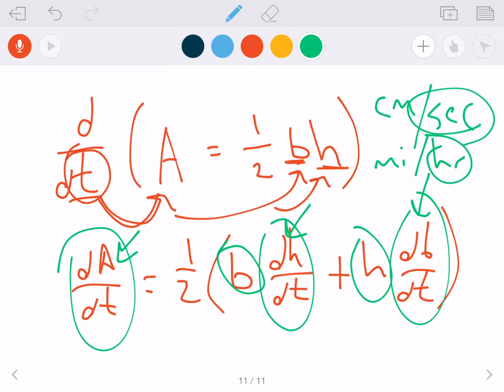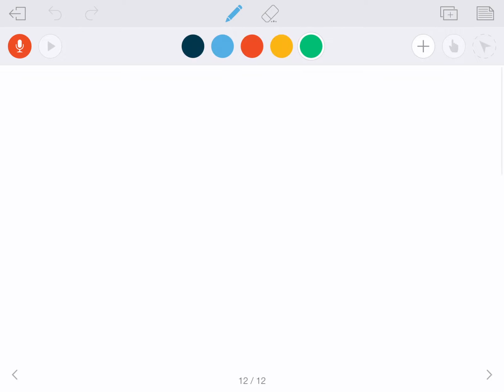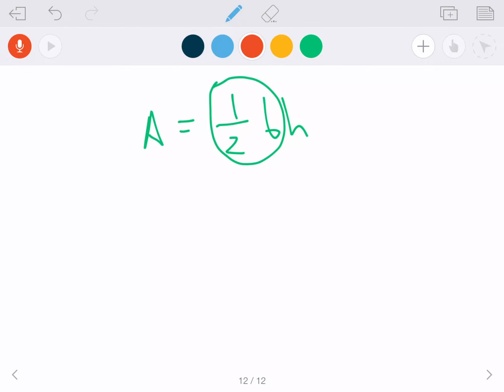Now, if you have a variable that doesn't change at all, let's say you had A equals 1/2 bh, but you're told that the base of the triangle doesn't change. The base of the triangle is constant. That word constant means that you can treat it like a number. I can lump these together as a number if it's constant. So then when I go to take the derivative with respect to time, I still have dA/dt.